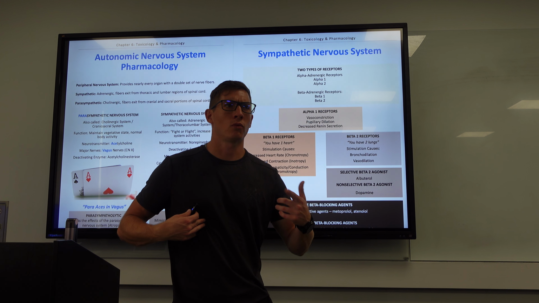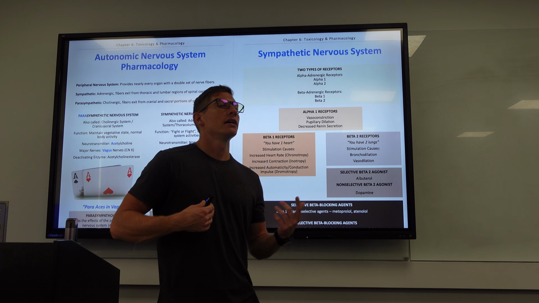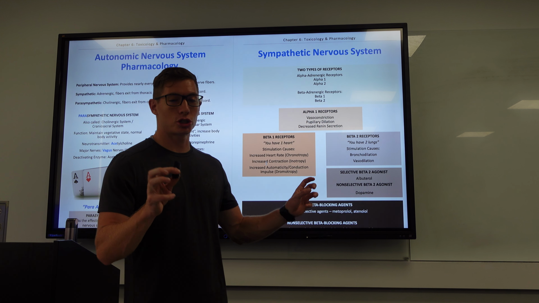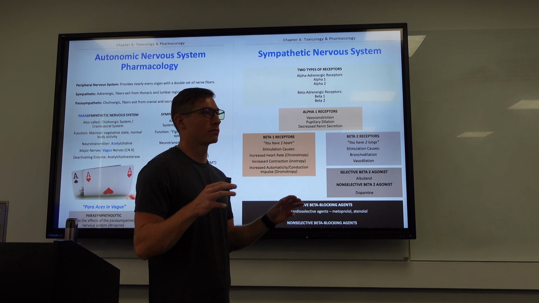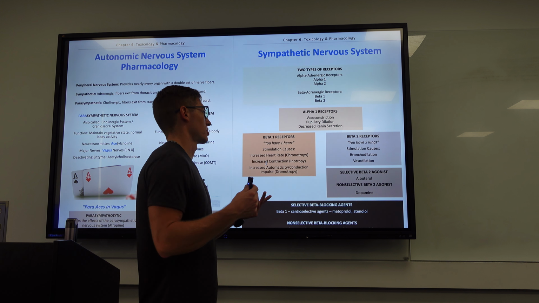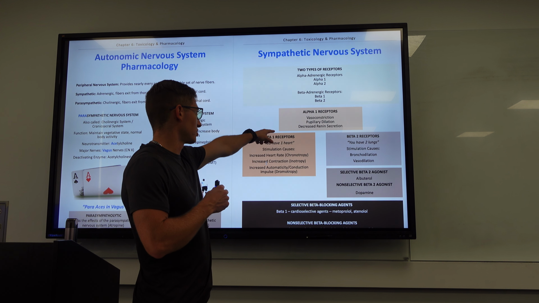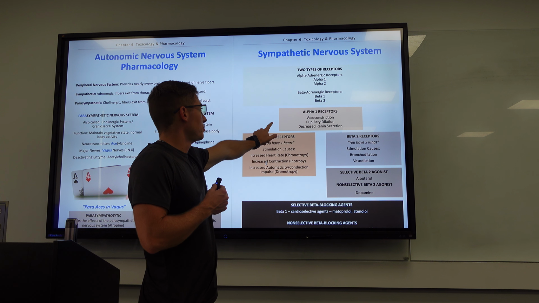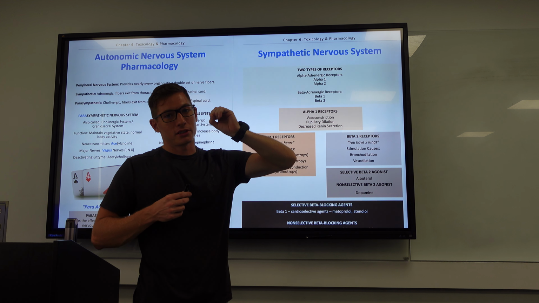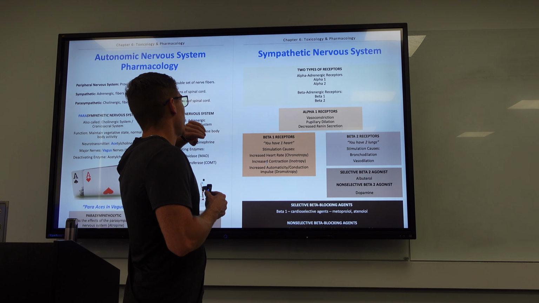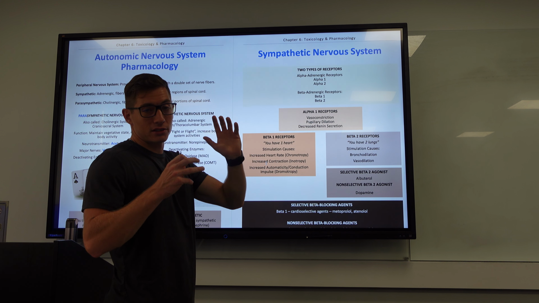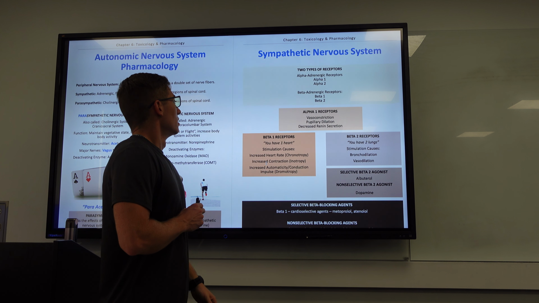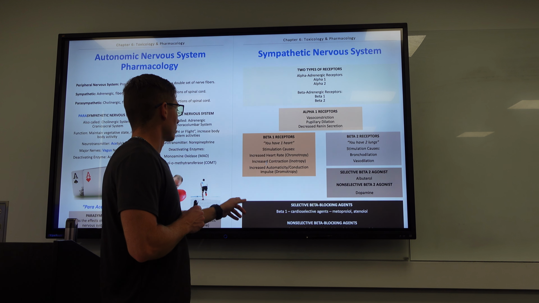Alpha 1 receptors stimulate and constrict your blood vessels in order to raise your blood pressure. So alpha 1 receptors: vasoconstriction. Maybe alpha 2 might do it too. Pupillary dilation, so your pupils are going to dilate, get bigger, and veins are going to constrict. Decreased renin secretion. That's all it says about alpha 1.